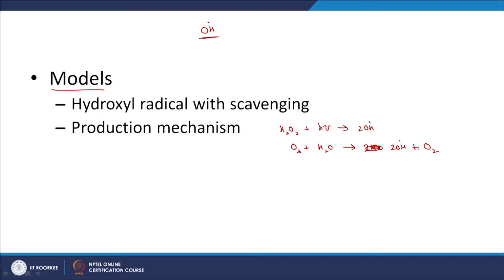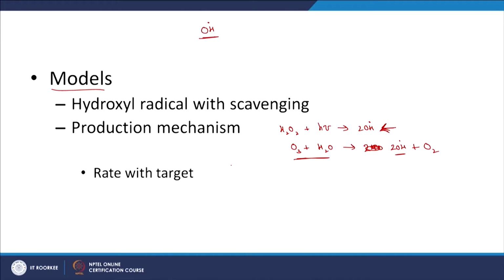So, we just looked at two mechanisms for your understanding. This is how people get it done in the presence of UV light, usually 254 nanometer wavelength, or UV photons. And if you have ozone present in your solution, or if you are bubbling ozone through your solution, or if you adjust the pH, in general you will have hydroxyl radicals being formed at relatively higher concentrations.